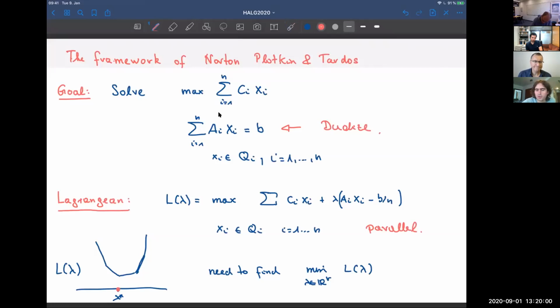Why is it trivial that the optimum of the Lagrangian corresponds to the solution of the original problem? It's not trivial, but you have to use linear programming duality. This is standard in the textbooks of linear programming and convex optimization. There is no gap because it's a linear problem.